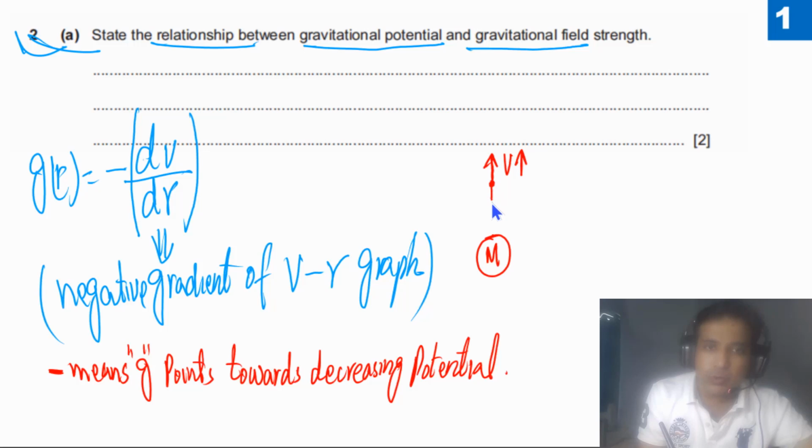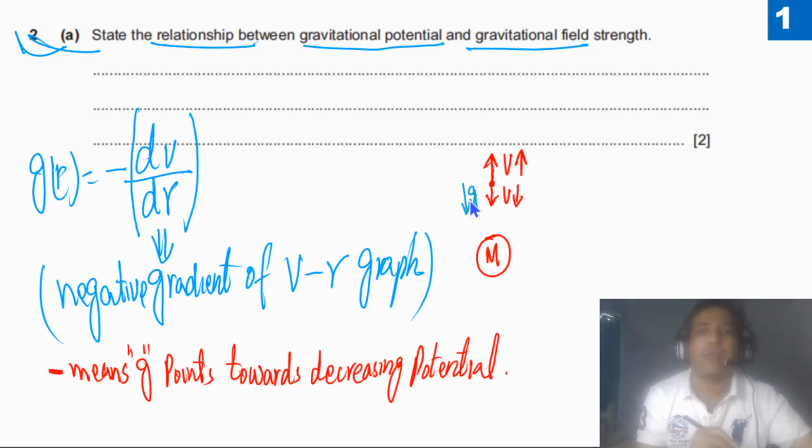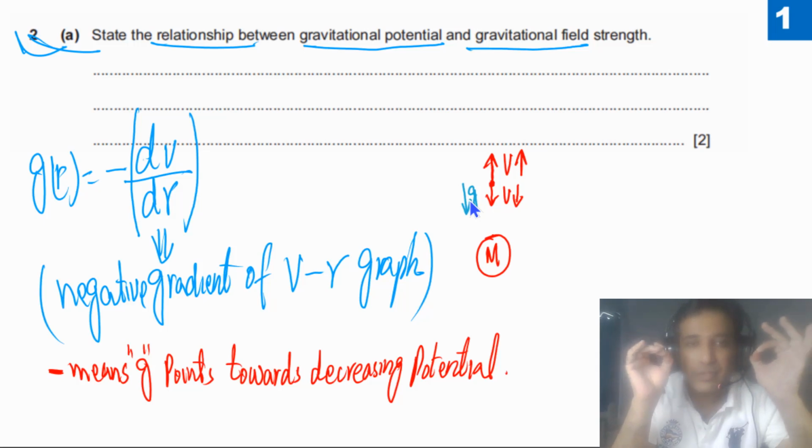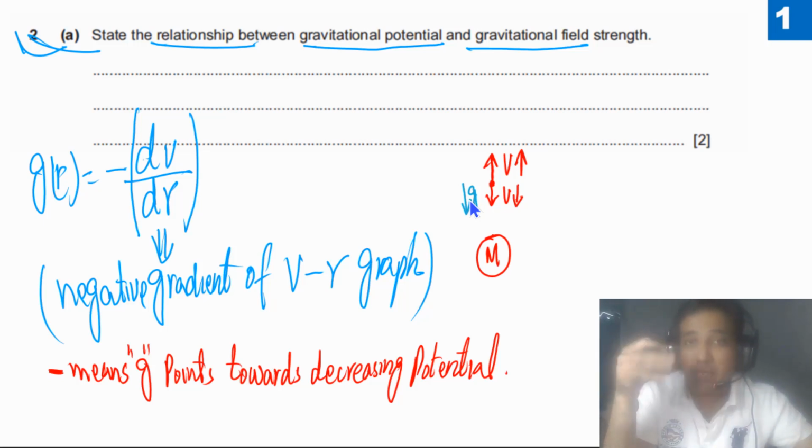But if we go down, potential will decrease. So it means that the direction of g is in the direction of decreasing potential. A beautiful point. Later you will see the importance of this with the help of graphs.